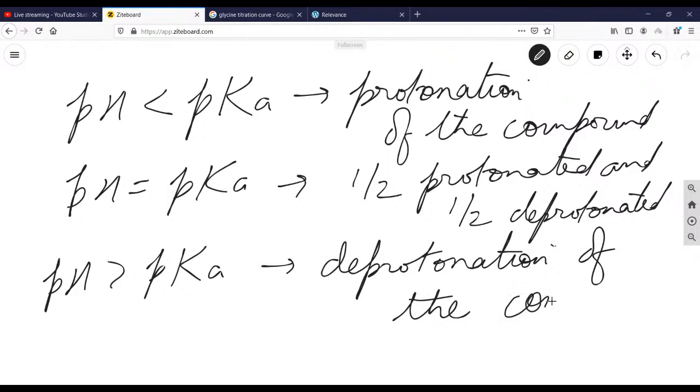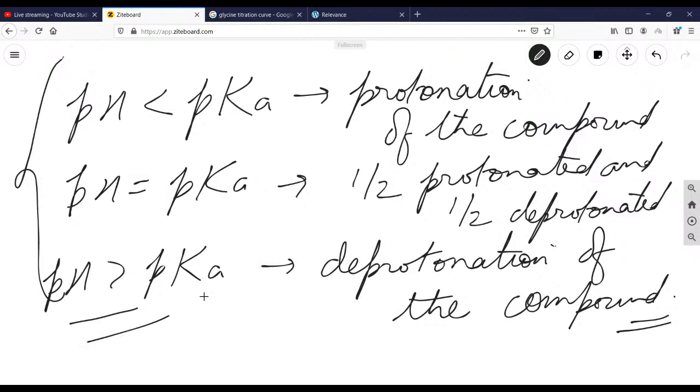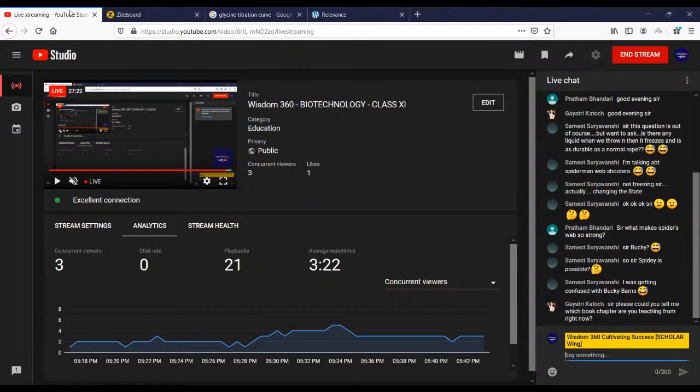So this is what keeps on happening in our body all the time. So this is the golden rule. Always know this golden rule for the rest of your life, because you have taken biotechnology, you have taken biology both. So you have the option of becoming a scientist also later in life.